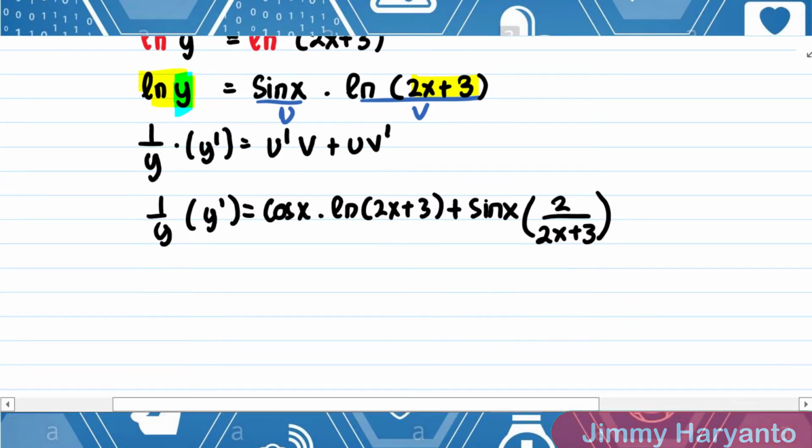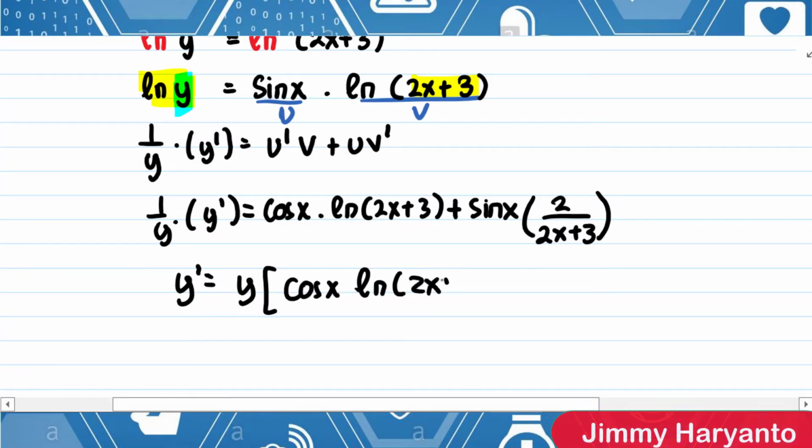Not 1 over y times y prime. So we have to cross multiply, move the 1 over y to the right side. You will get y times cos x ln of 2x plus 3 plus sin x times, so I think we can multiply this one to get 2 sin x over 2x plus 3.